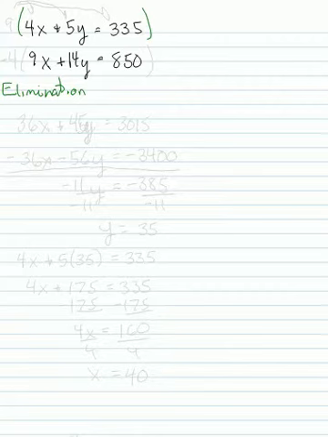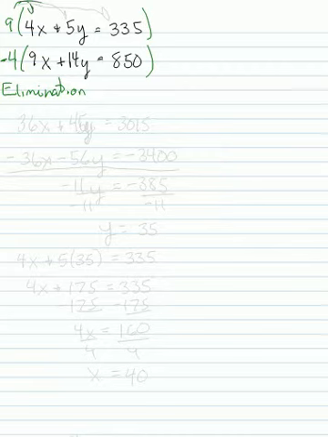I'm going to multiply my top equation by a 9 and my bottom equation by a 4, because that'll give me a 36x on top and bottom. And I'm actually going to do a negative 4 on the bottom one, because I like to add mine together. So 9, you've got to remember to multiply it by every term. So 9 times 4x is 36x. 9 times 5y is 45y.